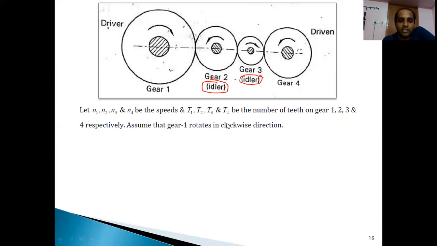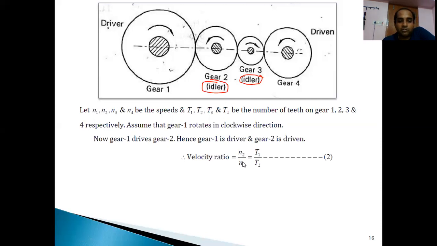That is N2 by N1 is equal to T1 by T2 in terms of teeth. Here we are not writing in terms of diameter, we are writing in terms of teeth, T1 by T2. So when gear 1 drives gear 2, gear 1 is the driver right now, and gear 2 becomes a driven gear. So N2 by N1 is equal to T1 by T2. This is equation number 2.